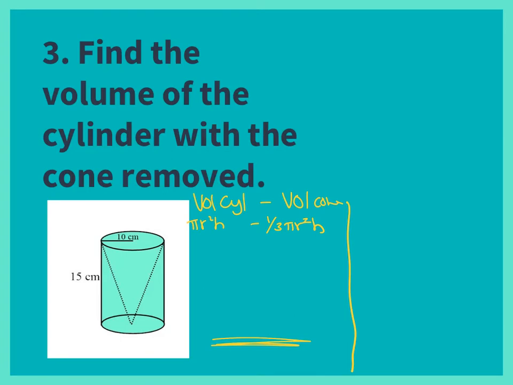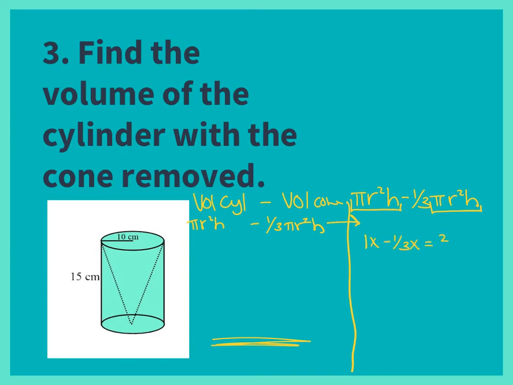I could also try to generate a formula and then only have to plug in numbers once. So taking just this line right over here and rewriting it, I'm doing pi r squared h minus 1/3 pi r squared h. If I think of pi r squared h kind of as a variable, this is kind of like saying, let's do 1x minus 1/3 x.